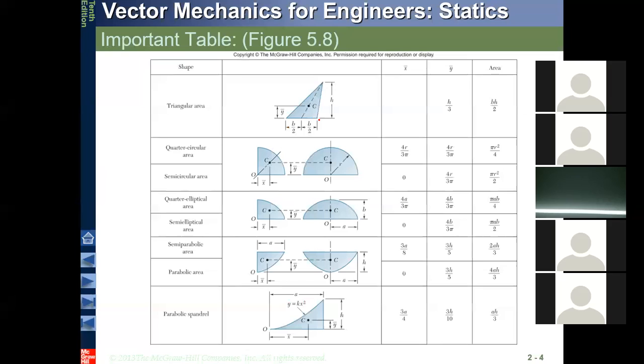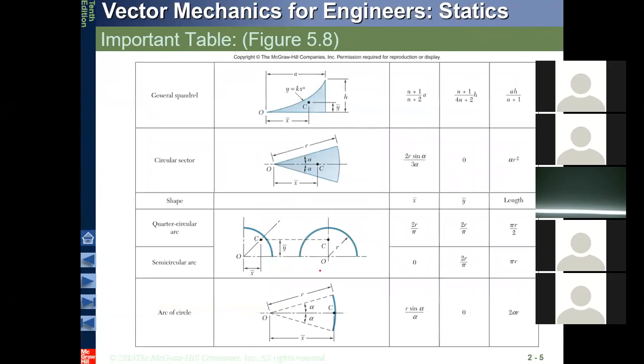So it would be h over 3, and you can have it for a semicircular or quarter circular area, for an elliptical. So whatever problem you have, you can refer to this table and get the x bar, y bar, and the area of each of these objects.